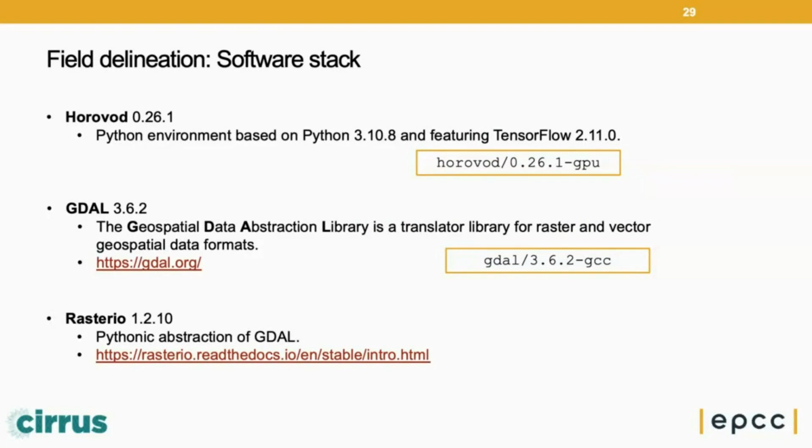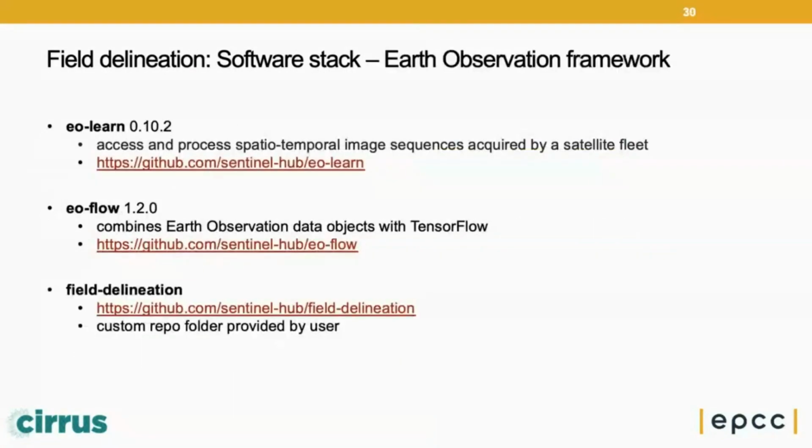In this case, it was quite useful that a lot of the centralized modules for the GPU nodes and for MPI were in place already, because quite a software stack was required. In particular, we needed the Geospatial Data Abstraction Library to work with the raw satellite images, and various Python packages such as rasterio, EO-Learn and EO-Flow.